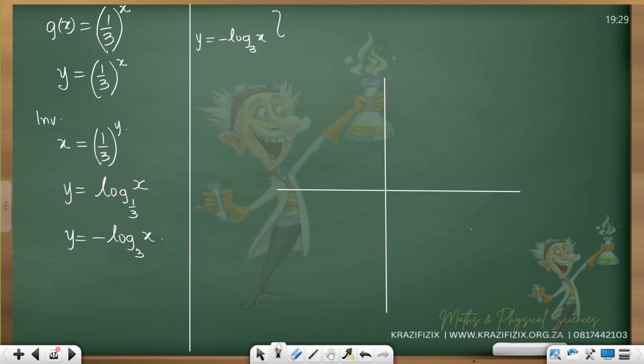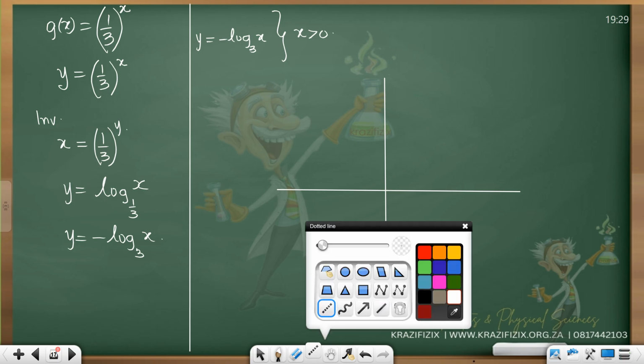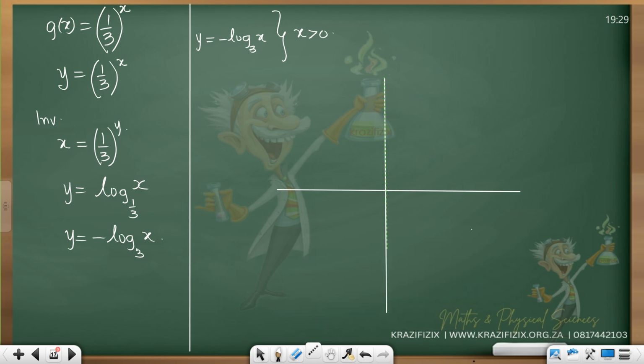First thing you must realize is that for this particular graph, x has to be greater than 0. So it means my graph is on the right hand side, which automatically gives me my asymptote there. Because if x is 0, that graph would not exist. It will give me an error.